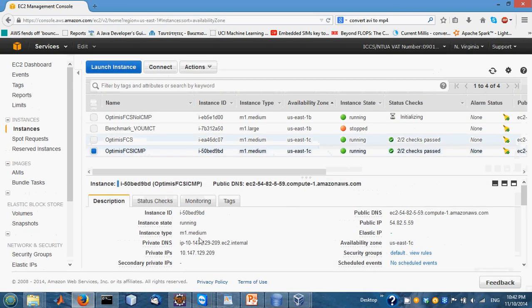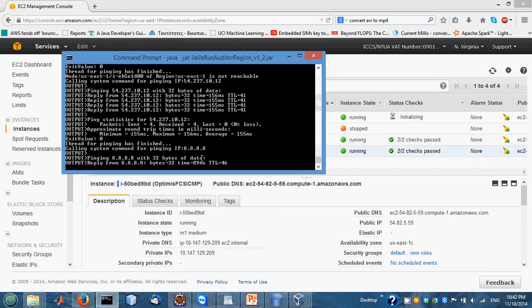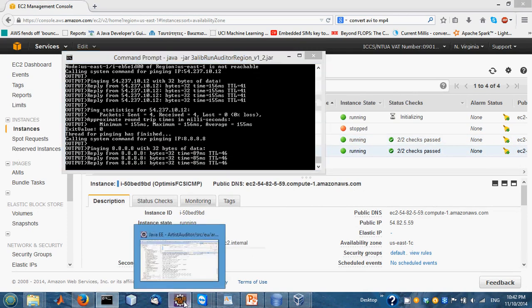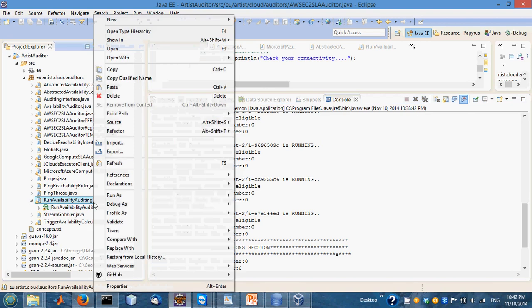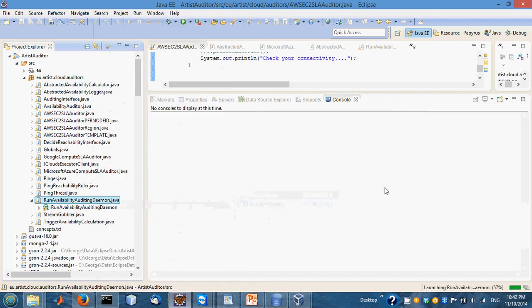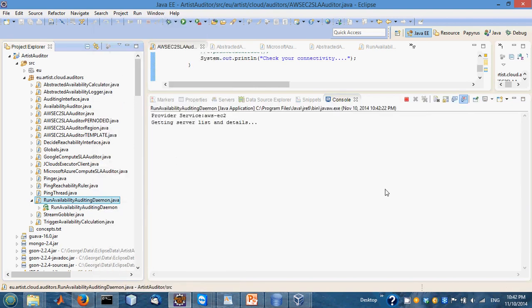Okay, so now we have the daemon that's continuously running in the background. Let's see what happens in the specific case when we try to run the 3alib again. Now, what is important to notice is that in order to deal with this evolving user behavior, the user may launch or stop virtual machines, and this action may make the specific service deployment applicable for an SLA or not.